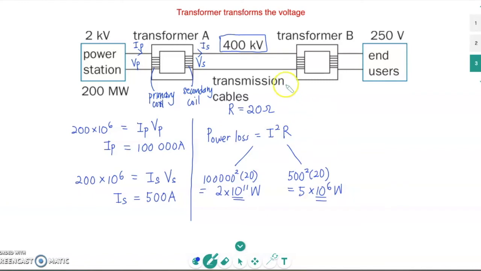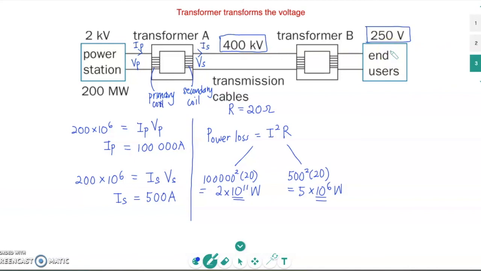Imagine the transmission cables are really long, we're talking about a large distance, not just 1 or 2 meters of cables. So it would be really significant if we could reduce the current transmitted in the cables. When it reaches transformer B, it steps down to the correct voltage so that we end users can have a safe and suitable voltage at our home.